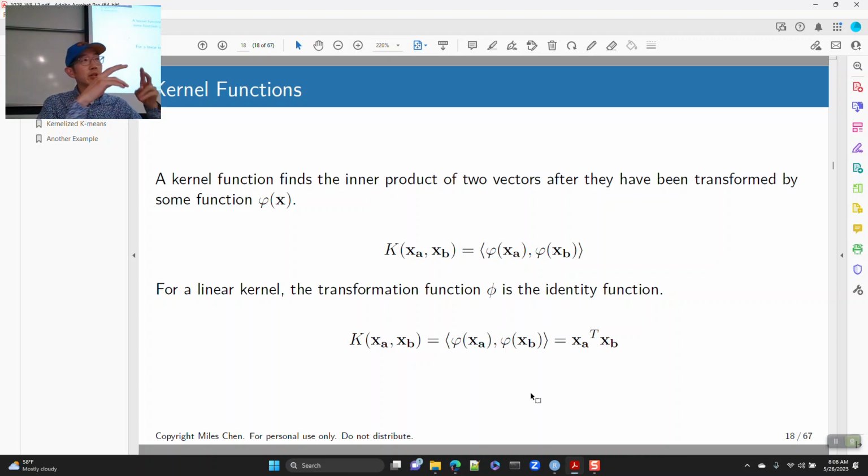In SVM, we took our data which existed in 2 dimensions and applied a transformation function that projected the data from 2 dimensions into 3 dimensions, right? We saw that old animation where the points were on the 2D surface, and then they projected it onto a paraboloid. And then after they projected it into 3D, we were able to find a linear plane that separated this, right? So we did that for SVM.